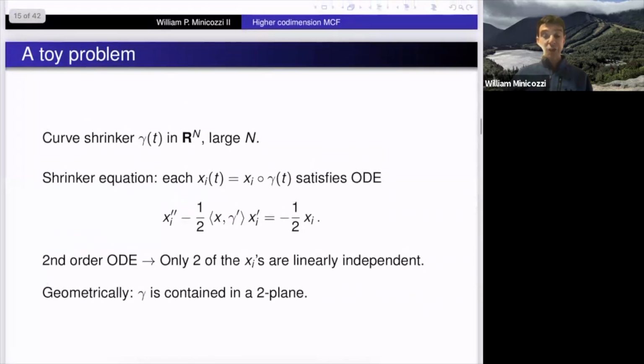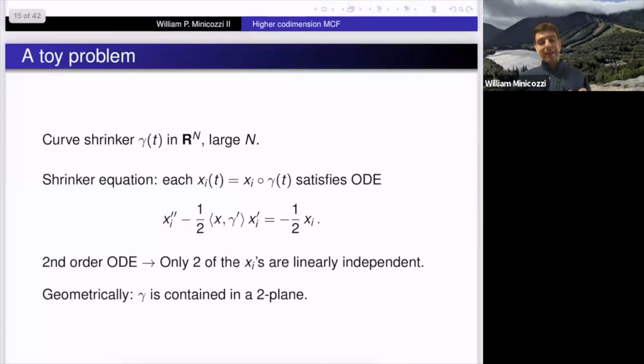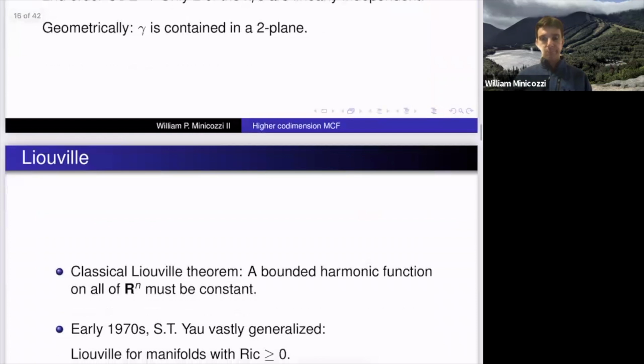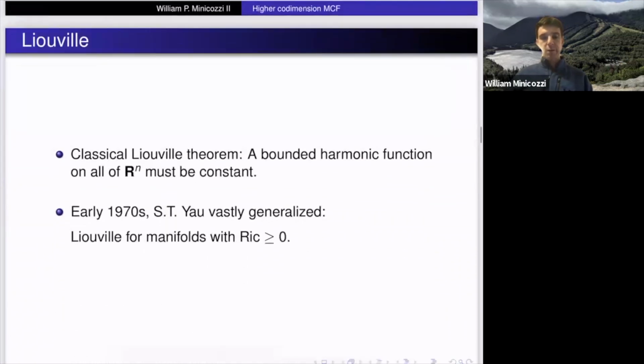We'd like to do that in general. Of course, in general, the coordinate functions are not going to satisfy an ODE, they'll satisfy a PDE. So I can't just use ODE theory to bound the number of solutions. Okay, so now hopefully I've motivated the problem. We'd like to understand how do I control the number or the dimension of the space of solutions to this sort of equation?